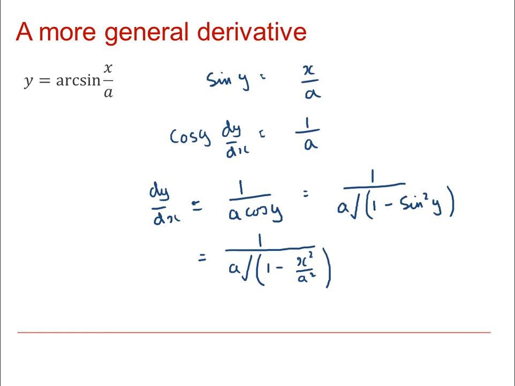We can take the a inside the square root, which will give us a squared when it's inside, so this is equal to 1 over the square root of a squared minus x squared. So we've got that the derivative of arcsin x over a is equal to 1 over the square root of a squared minus x squared.